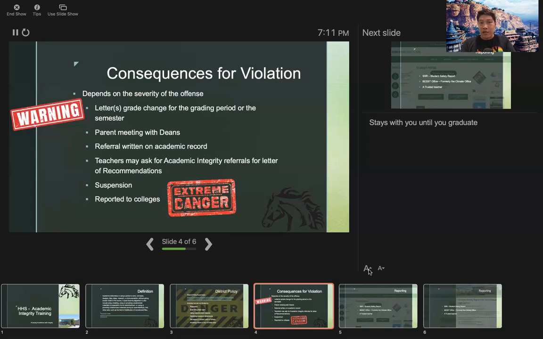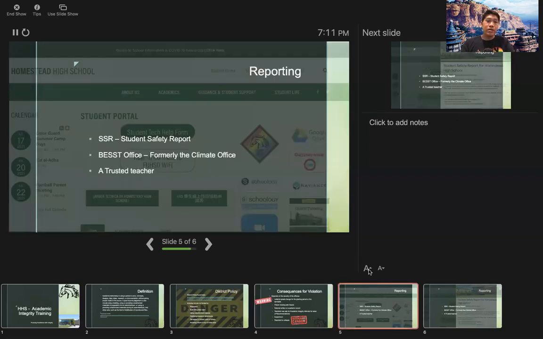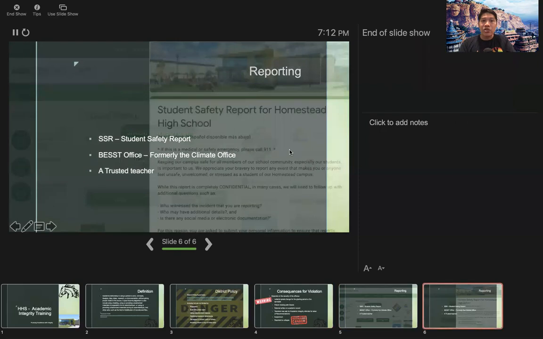Now, if you're not one of these people that commit these violations, how can you report it? This is our student portal of our Homestead website. If you see the sign, the Mustang with the rainbow right over there, that's our student safety report. Once you click on it, it takes you to the report itself, which is a Google form. Please make sure that you fill it out.